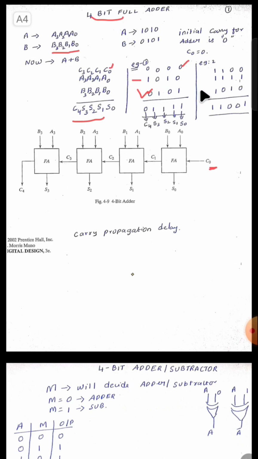Then I'll go for a second example. The initial carry value is given to be 0. Then A value is this and B value is this, I have assumed these values. Now if I do the addition, 0, 1, 0, 1, 0 is going to be 1. Then 0 is the carry. 1, 1 is going to be 0 and the carry is going to be 1 here. 1, 1 is going to be 1, 0. 1, 0 plus 0 is 0, 1, 0.